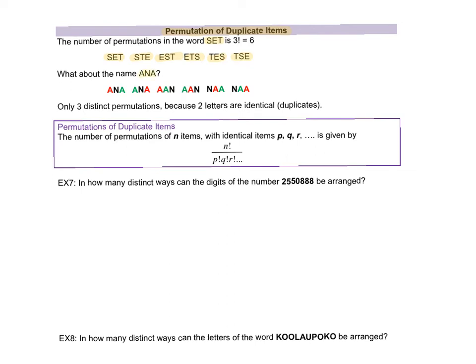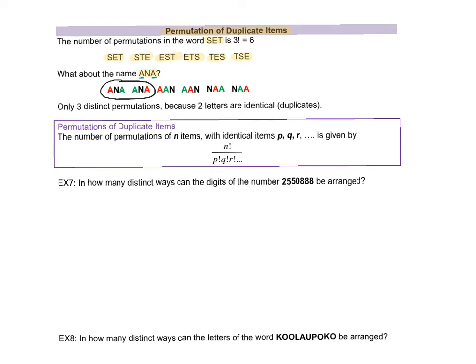Let's look at ANNA. The problem with ANNA is that in this group I have duplicate items. I have 2 A's. So let's look at the first arrangement. I'm going to look at the first A as being red and the second A as being green. If I were to swap the A's, this would still be ANA. So it's one permutation.